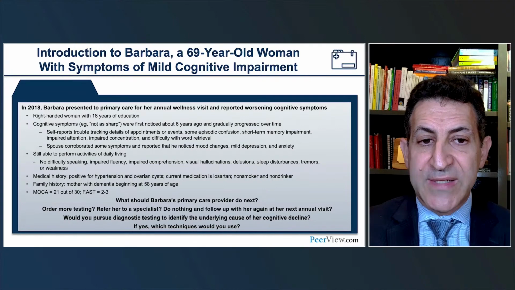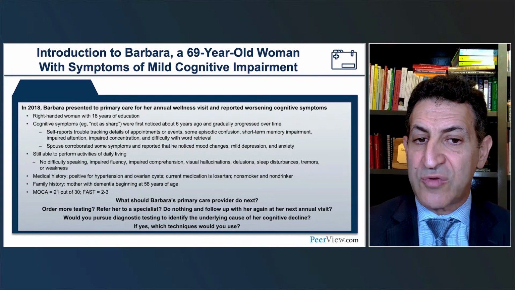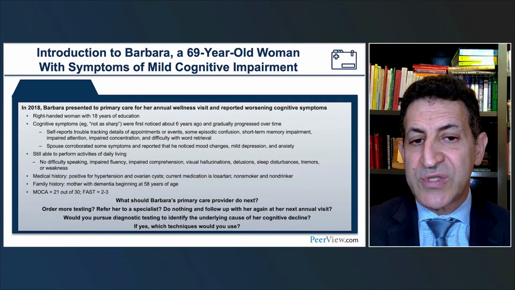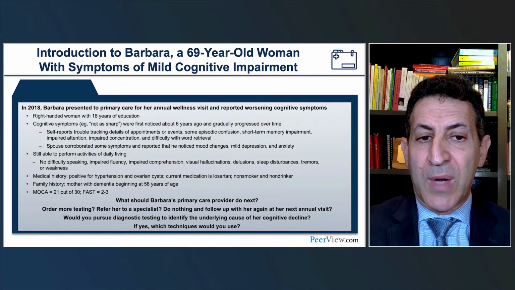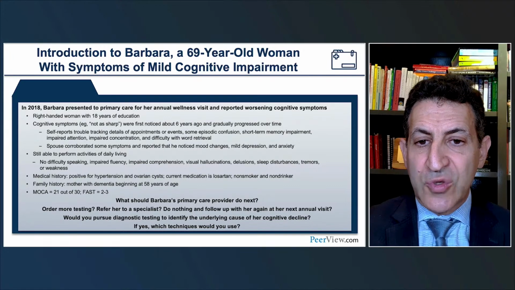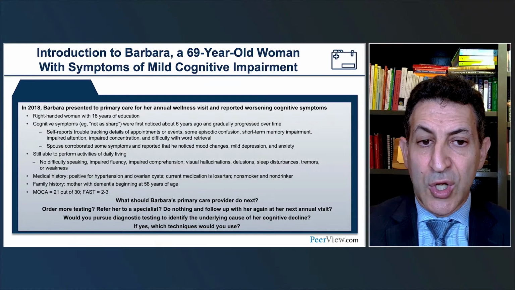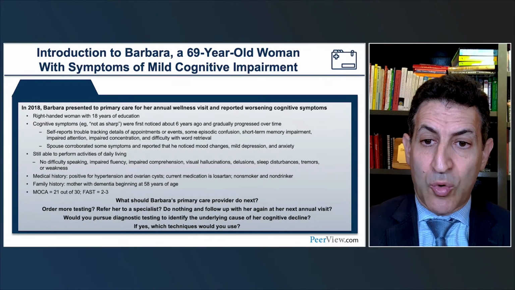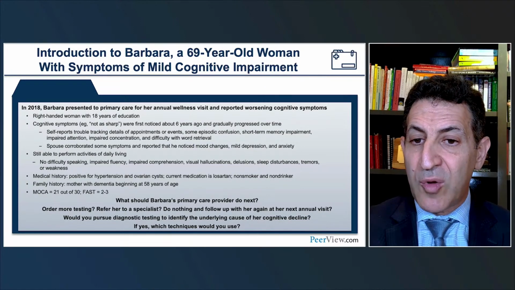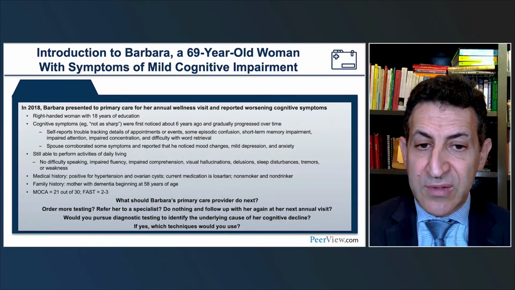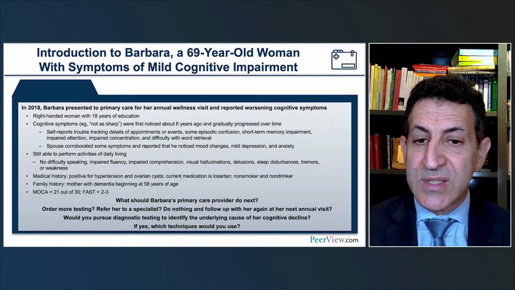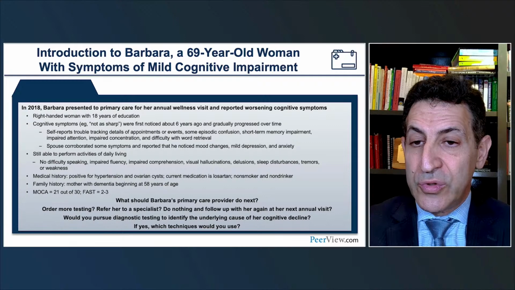On her bedside testing, we noticed that her FAST, or Functional Assessment Staging Scale, was somewhere between a 2 and 3, and her Montreal Cognitive Assessment was 21 out of 30. So the first question we should consider is, what should Barbara's primary care provider do next? Should he or she order more testing, refer her to a specialist, do nothing and follow up again in the next annual visit, pursue diagnostic testing to identify the underlying cause of a cognitive decline, or which would you use?